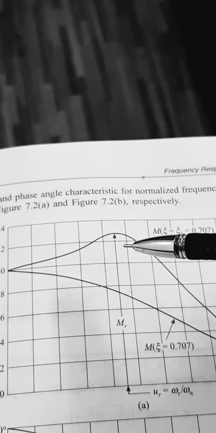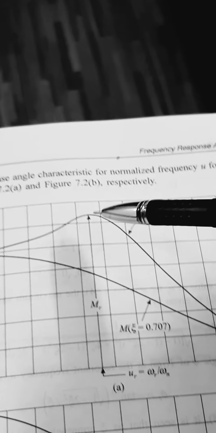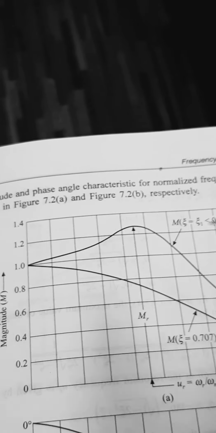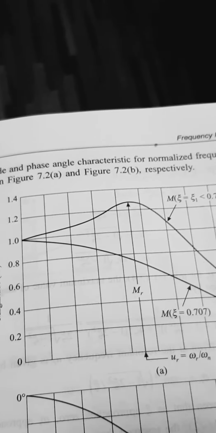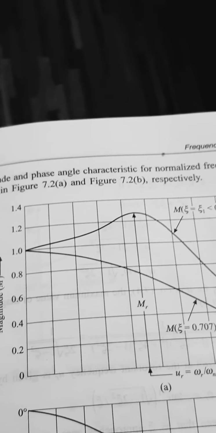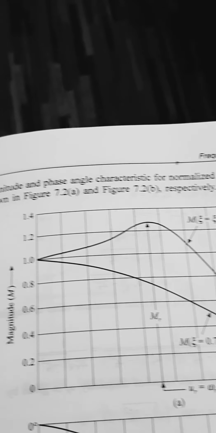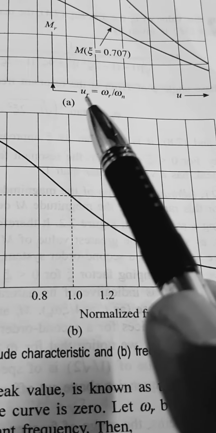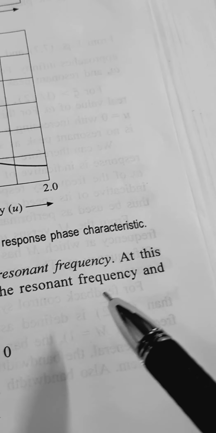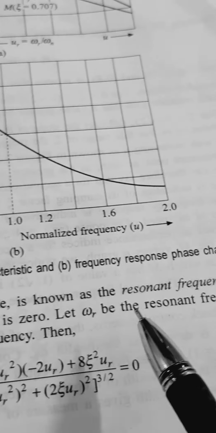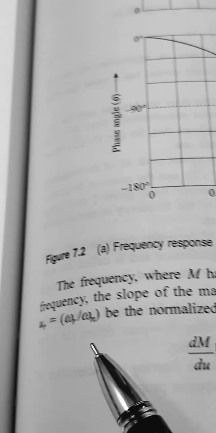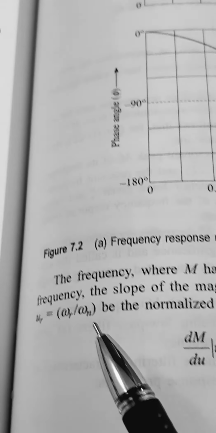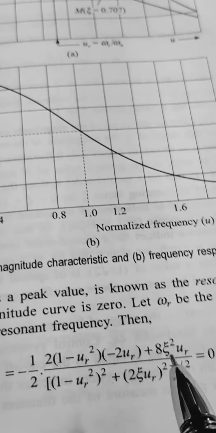Let omega r be the resonant frequency, and u r equal to omega r by omega n be the normalized resonant frequency.